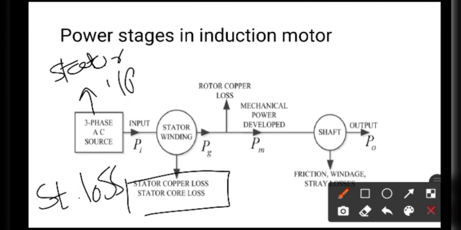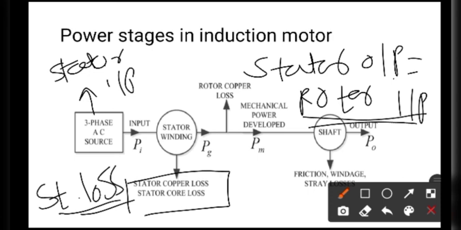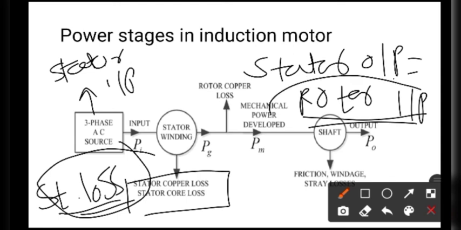And the remaining power is available to the input of the rotor, that is, the stator output is also known as the rotor input. When we need to find the stator input, just add stator losses plus rotor input. Add these two quantities, stator loss and rotor input.